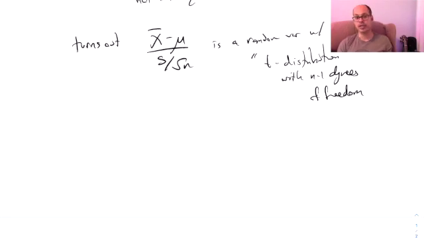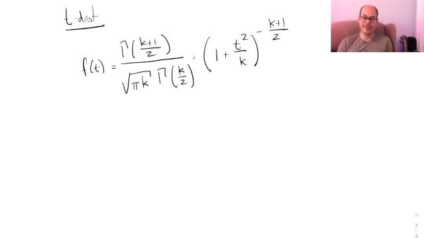Okay, so let's take a look at the t-distribution. All right, so the t-distribution has this easy to remember shape. It is of the form f of t is the gamma function of k plus 1 over 2 divided by the square root of pi k times gamma of k over 2, times 1 plus t squared over k, quantity raised to the power k plus 1 over 2. This is where k is the number of degrees of freedom.